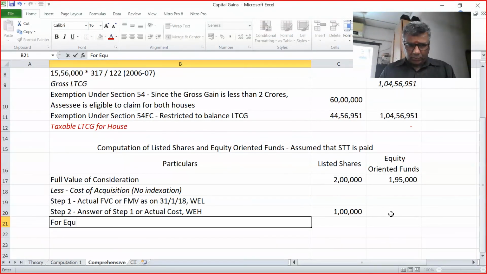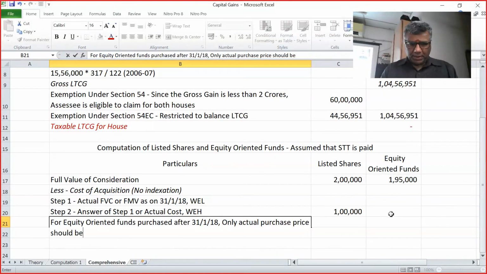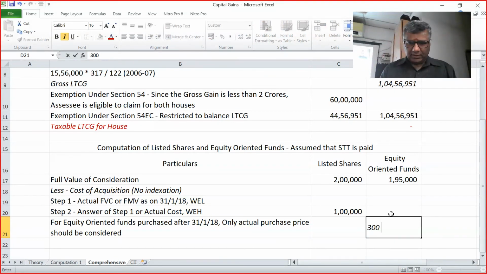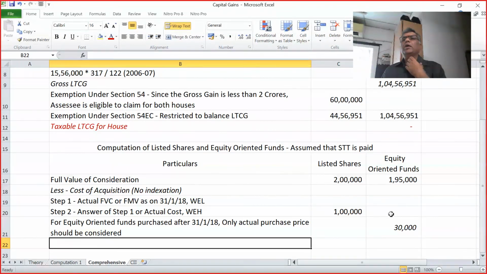For equity oriented funds purchased after 31/1/18, only actual purchase price should be considered. Yes, our friend is right. It is only 30,000.